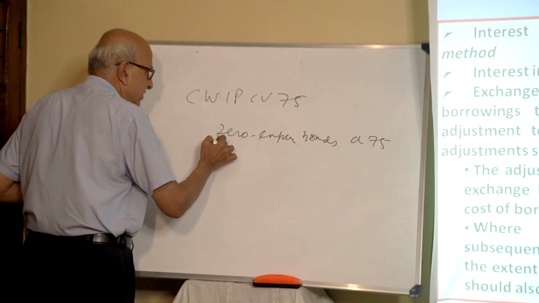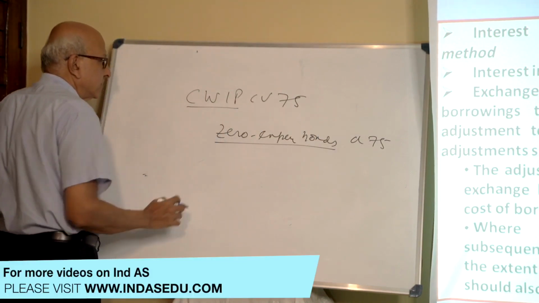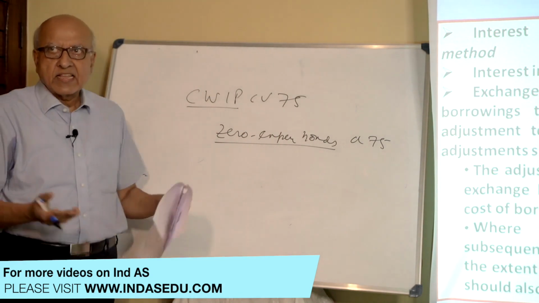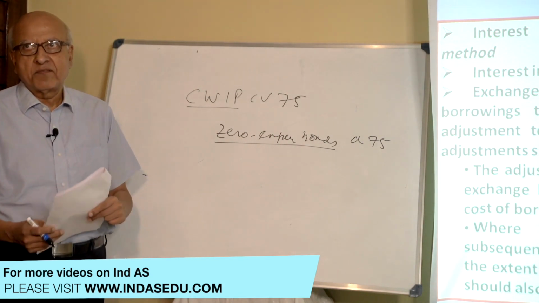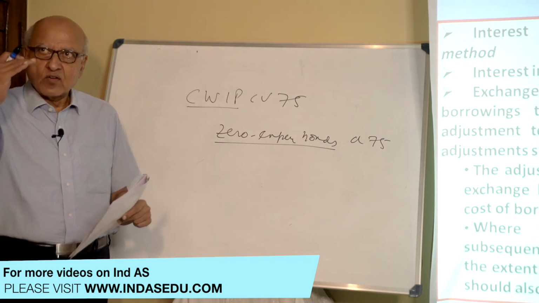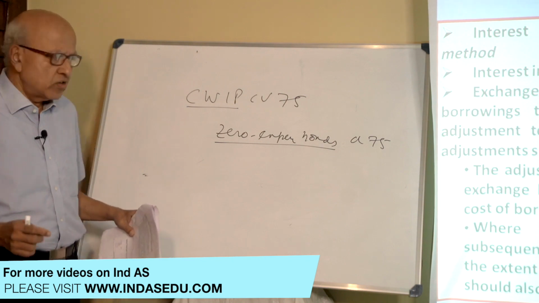This is increased by 75, this is debited. Neither affecting accounting profit nor affecting taxable profit. So this is the concept of effective interest. This will be discussed in detail in financial instruments, of course.